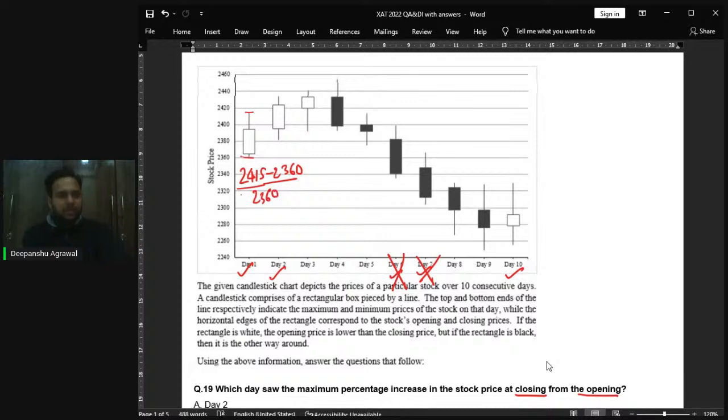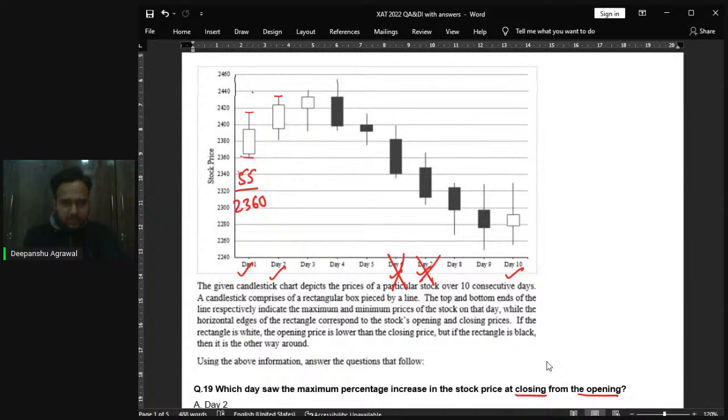Right. So the numerator of this would be 55. So 55 divided by 2360 is the data for the first day. Right. Let's see the next day.